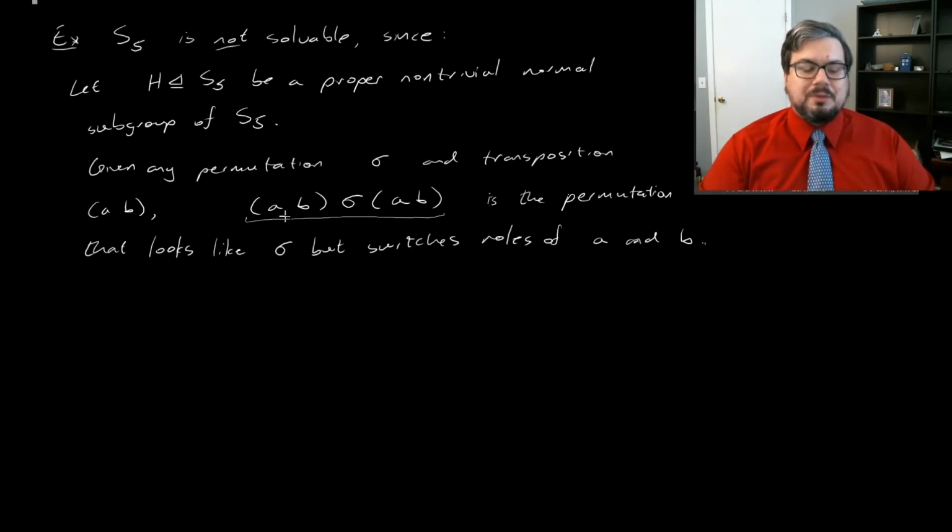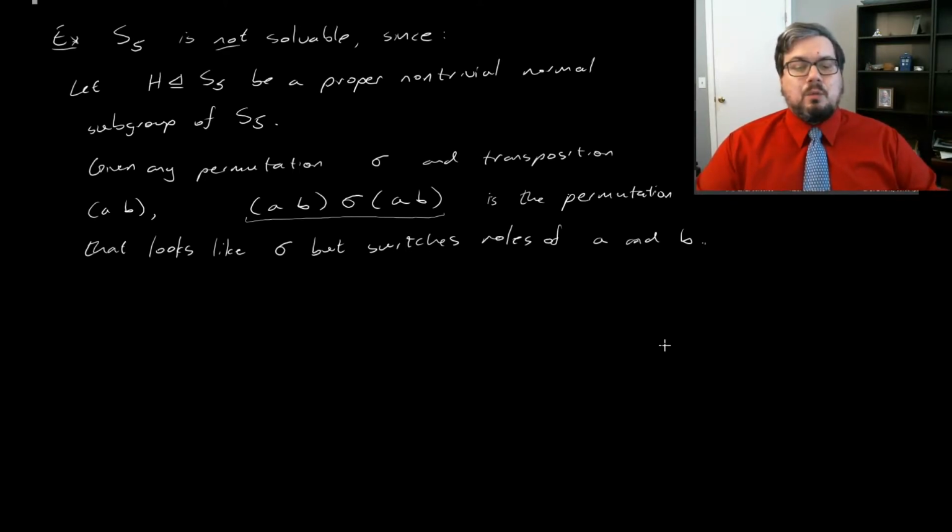So this whole permutation is going to behave just like sigma on anything that's not A or B. When we apply it to A, it does what sigma normally does to B, but then switches B back to A, and similarly in the other direction.